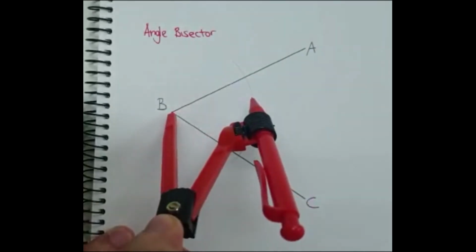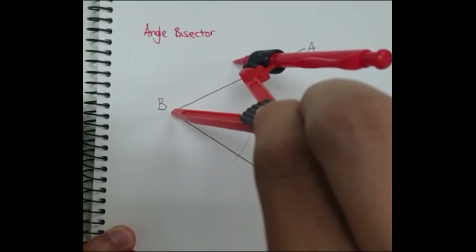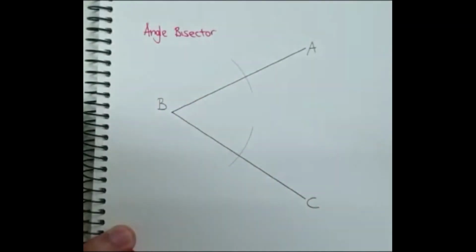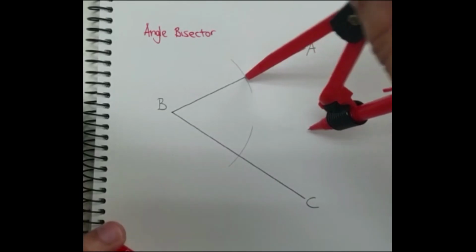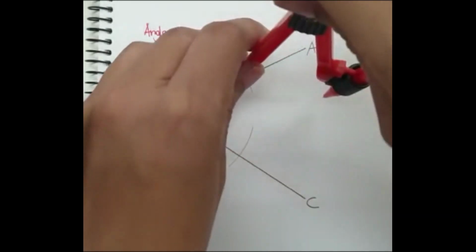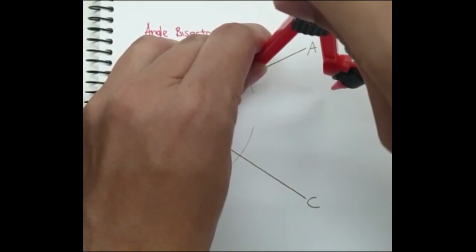Basically draw 2 arcs, one arc that cuts the first line and the other arc that cuts the second line.